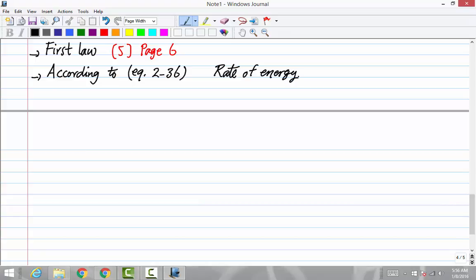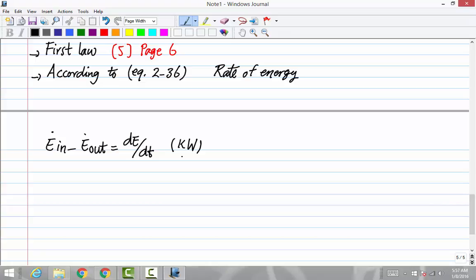According to this equation, we have E dot in minus E dot out equals dE divided by dt. Everything is in kilowatt.